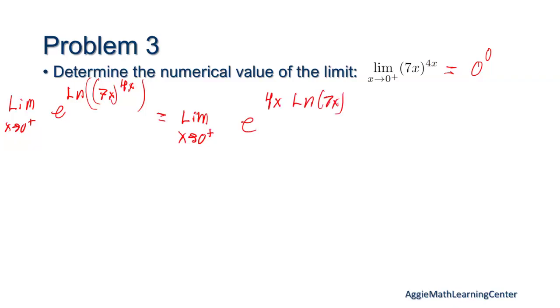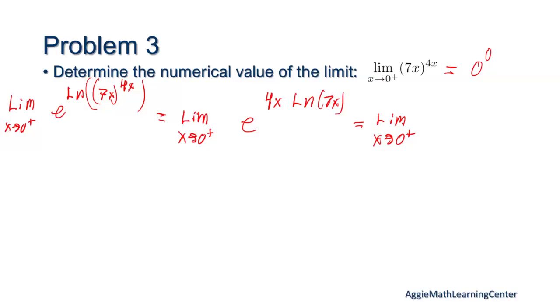Okay, how could I change that into looking like a quotient? Any thoughts? Or at least the power. Don't look at the e, but at least the power. How could I change that to look like a quotient? Get the derivative. Not the derivative yet. We still need to put it into our quotient.